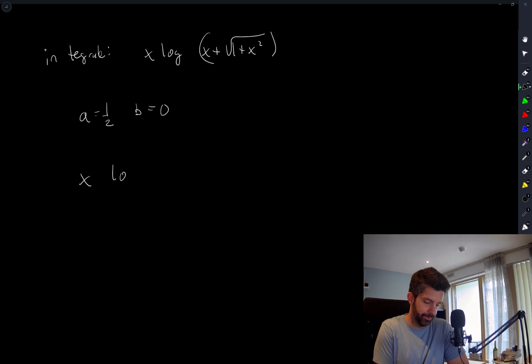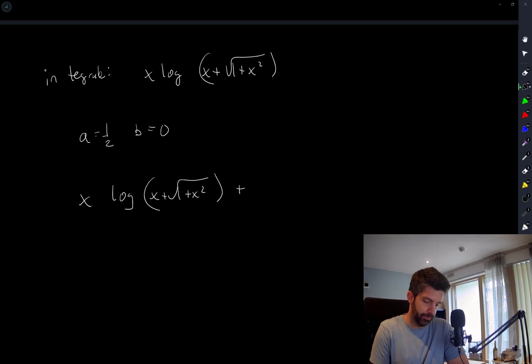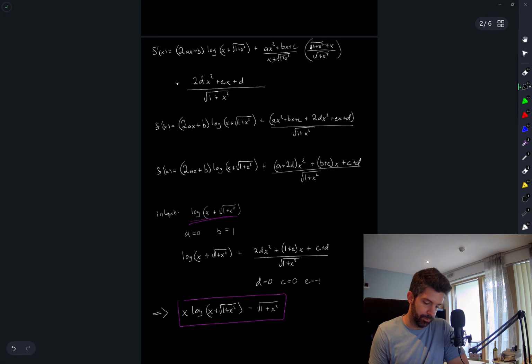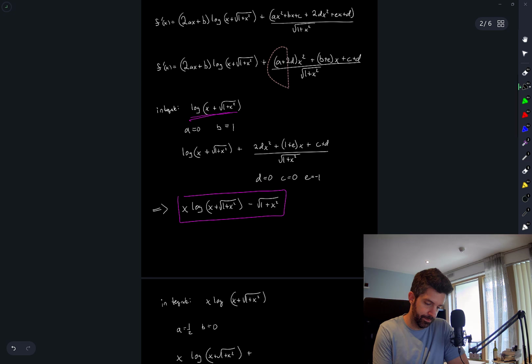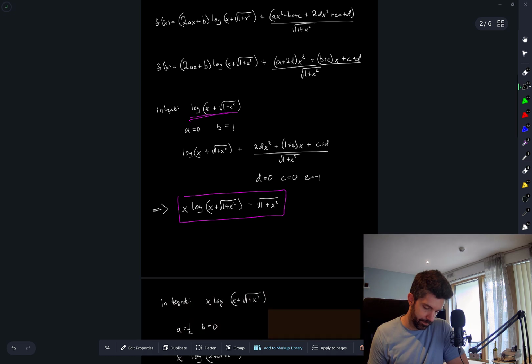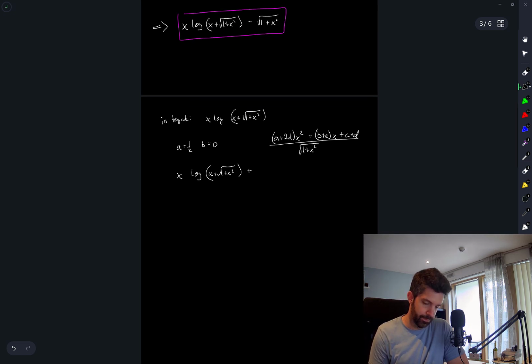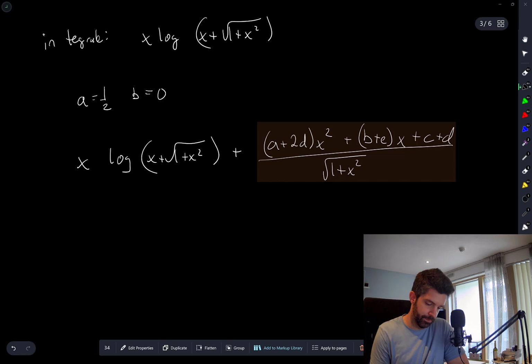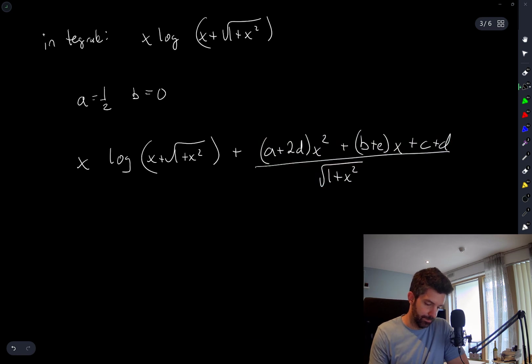This leaves us with x log of x plus square root of 1 plus x squared plus... okay, I'm going to copy this piece and bring it down. So a is 1/2, I'll make that substitution. B is 0, so we can get rid of that.